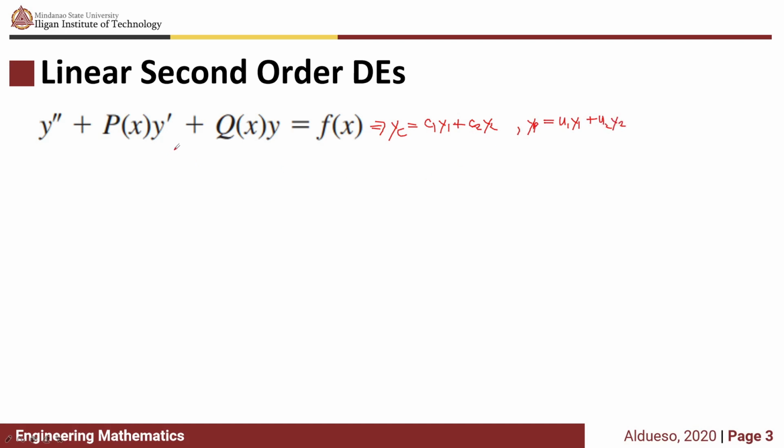Now getting the first and second derivative of yp and substituting into the differential equation, just like what we did before with the first order DE, we arrive at the equations y1 u1 prime plus y2 u2 prime equal to 0, and y1 prime u1 prime plus y2 prime u2 prime equal to f of x.